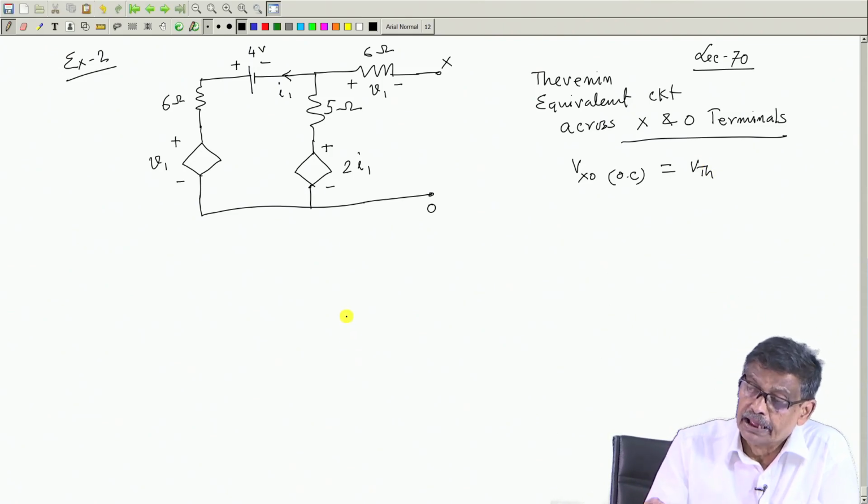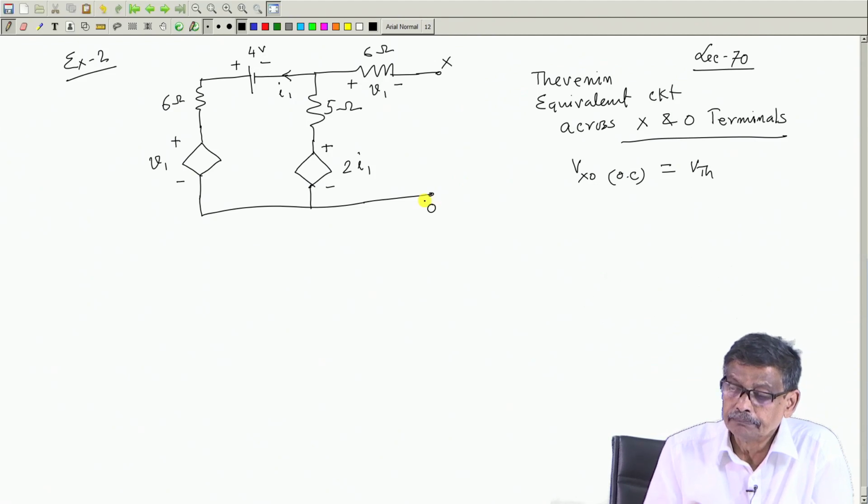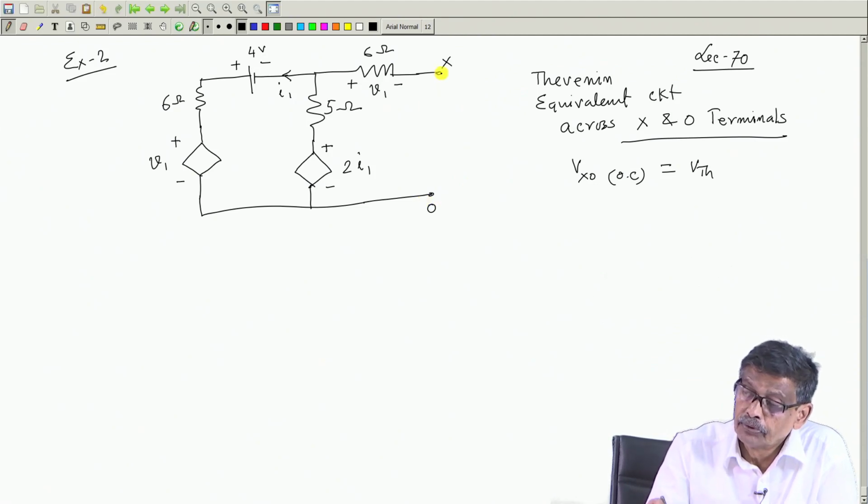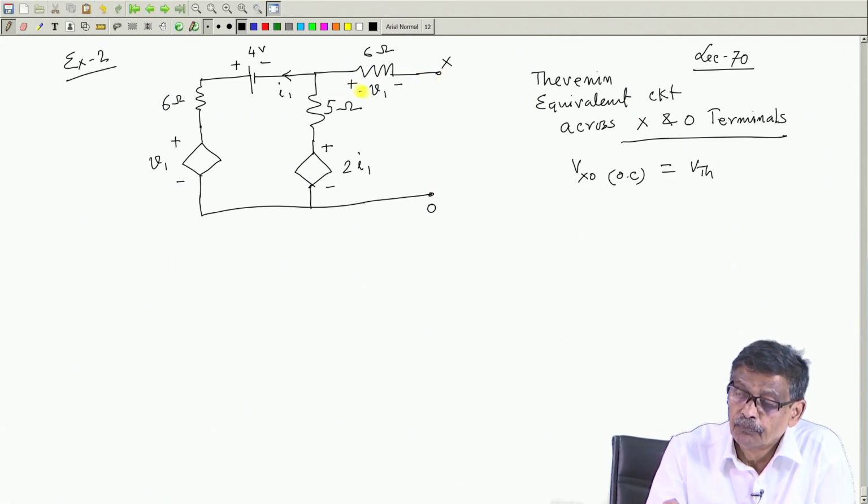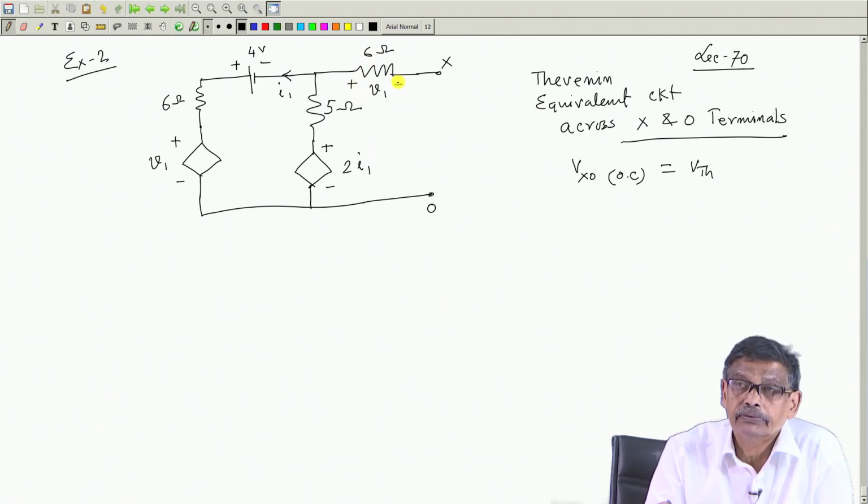So, if you do that, nothing is connected here. Therefore, no current will be flowing in this branch 6 ohm. Therefore, voltage across 6 ohm will be 0.